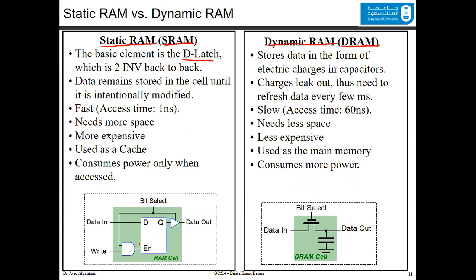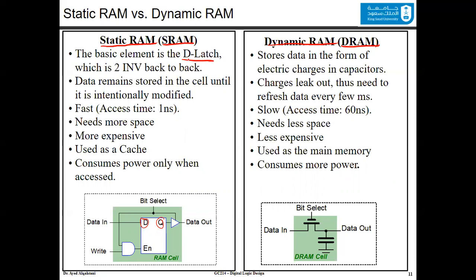We know the D latch: the data input goes to the D, and the output will be in the Q. You have a tri-state buffer here to control whether you are selecting this latch or not. You also have a control here for the write signal, if you want to enable the latch to be written to or not.